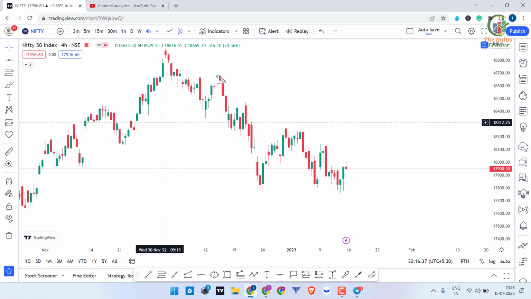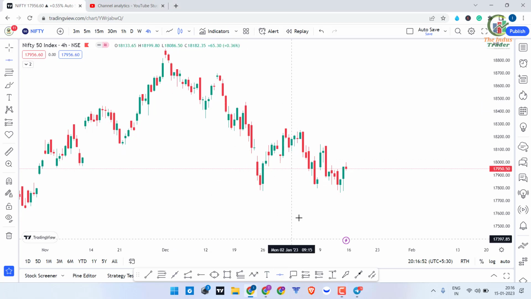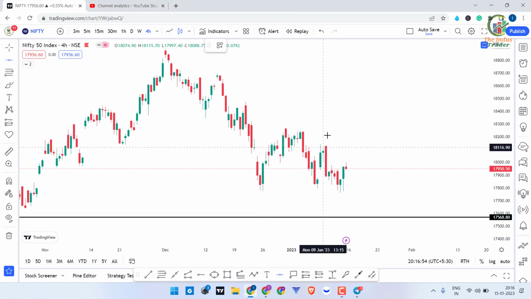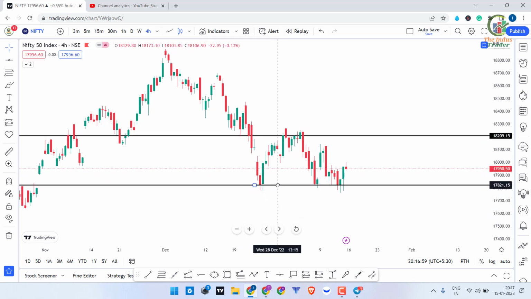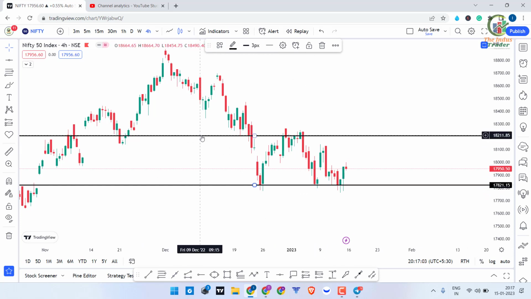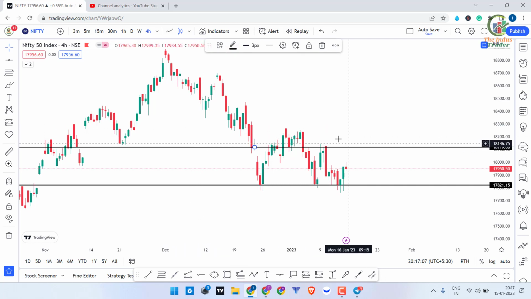This particular Nifty started falling here, and these are its swings. So how can we draw the support and resistance here? As I said, simply mark like this, and if you see, this is support, this is a resistance.